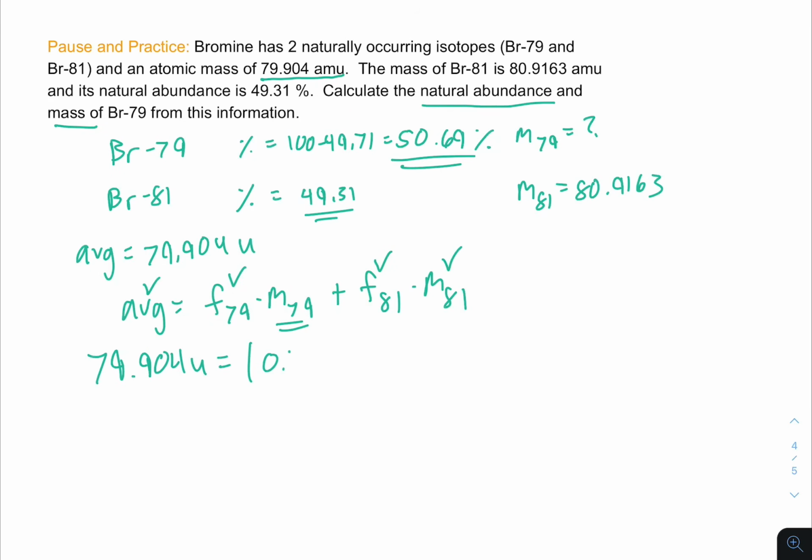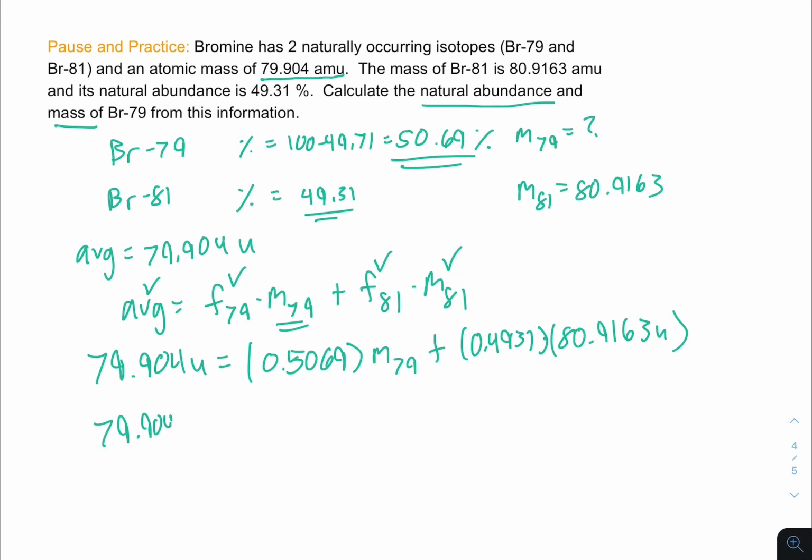So we have 0.5069 times the mass of 79 plus 0.4931 times 80.9163 for our mass. So we get 79.904 equals 0.5069 times the mass of 79 plus that product.